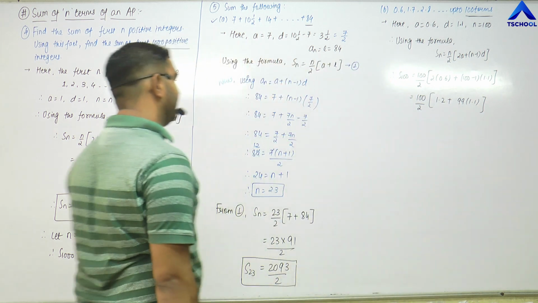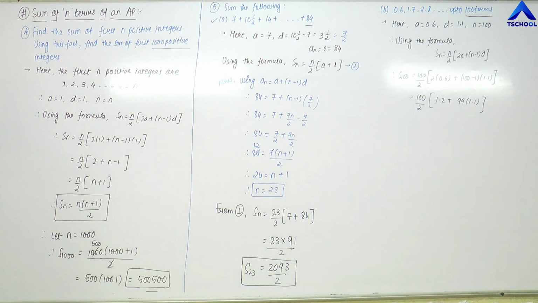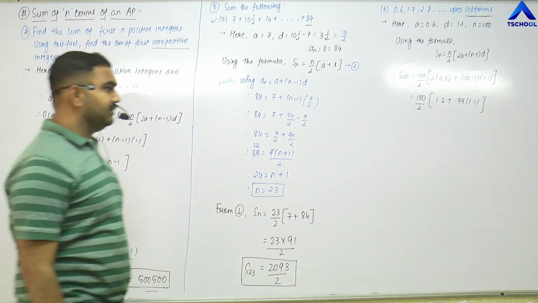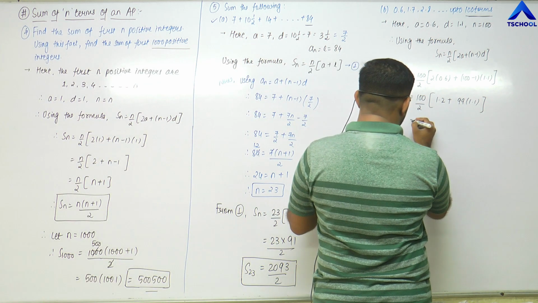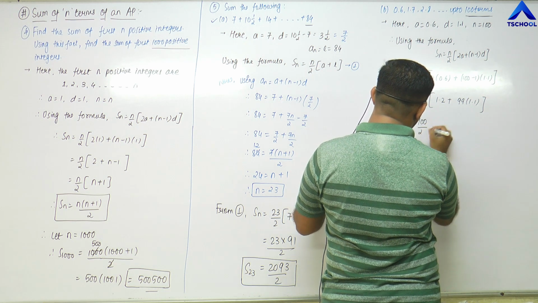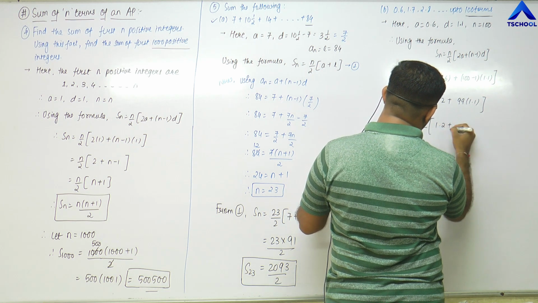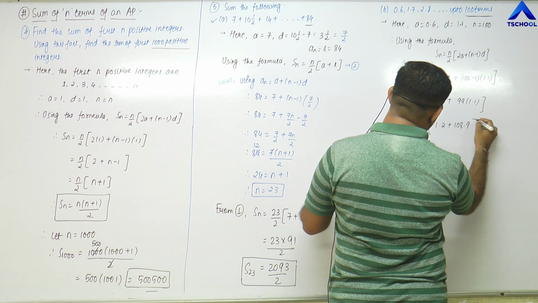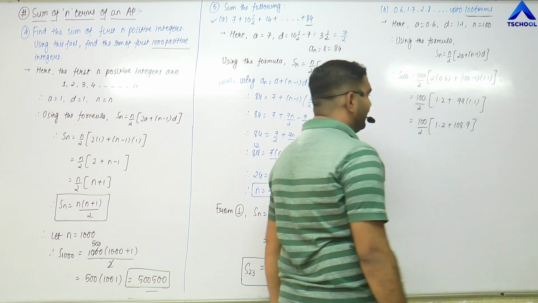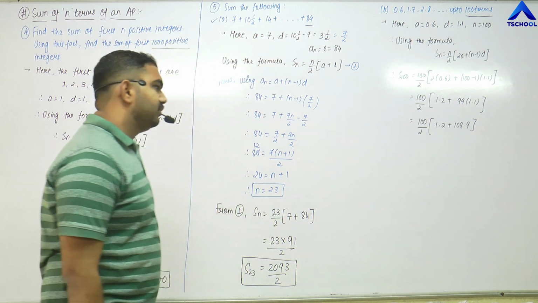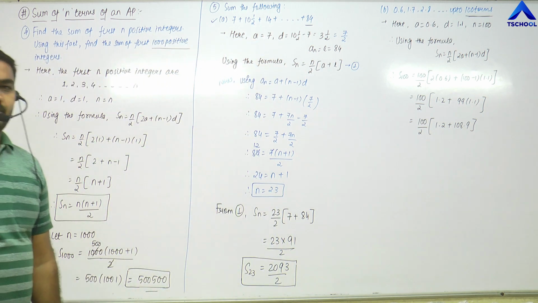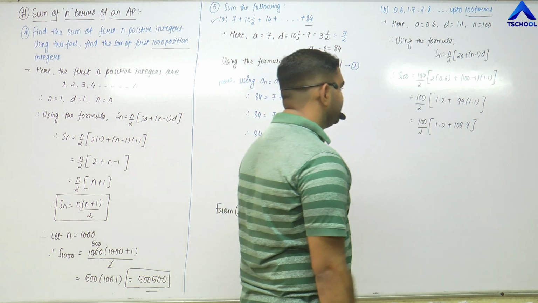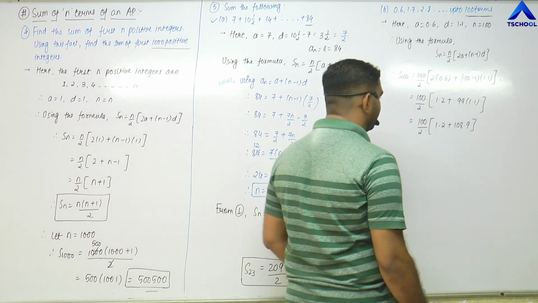Right? What is 99 into 1.1? 108.9. Yes or no? So that is equal to 100 by 2 into 1.2 plus 108.9. Right? Add these both, 108.9 plus 1.2, that is 110.1. Yes or no?